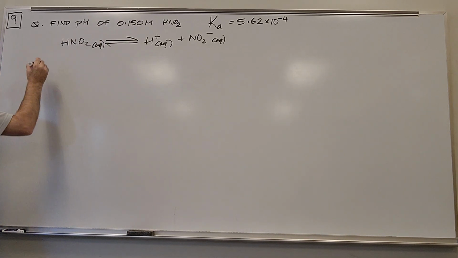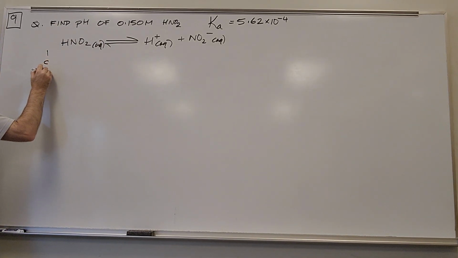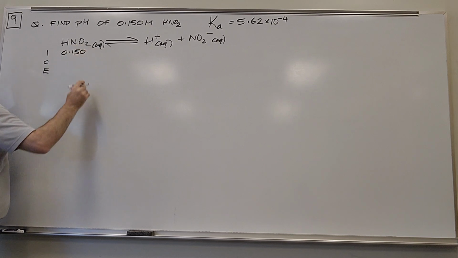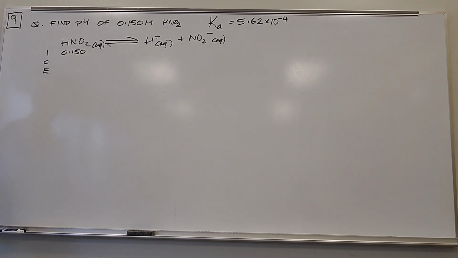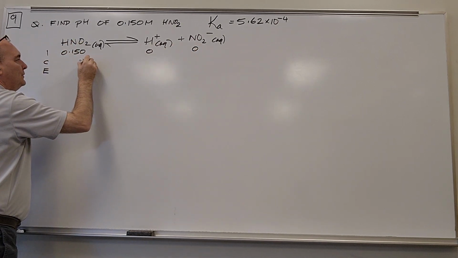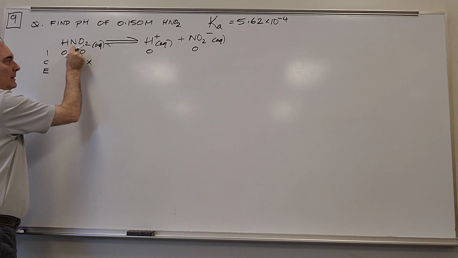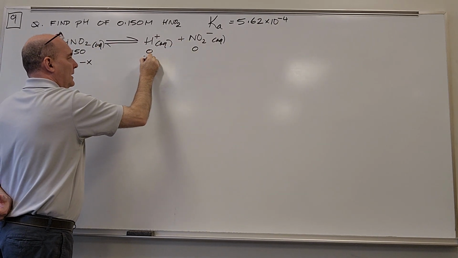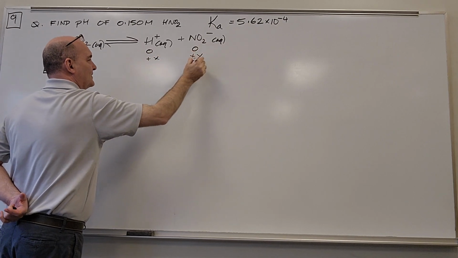Do we need to keep the x and do a quadratic? You tell me. The initial concentration of this is 0.15, at 0 and 0, and I'm going to lose some of it, and whatever I lose will split evenly and make some of that and some of that.